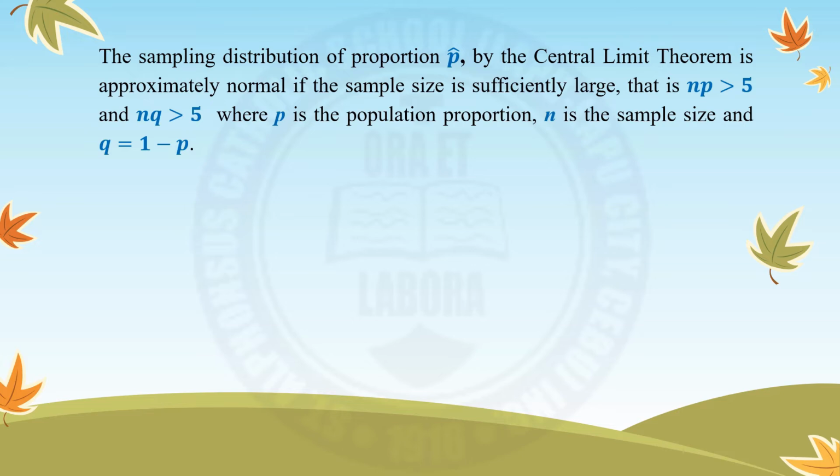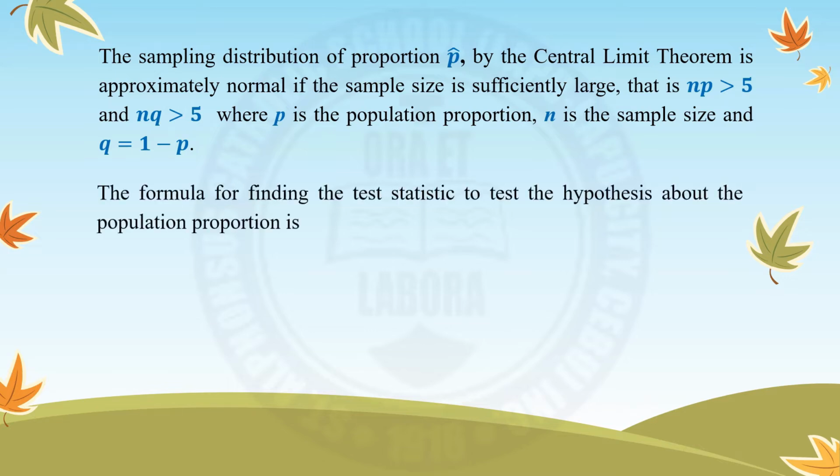The sampling distribution of proportion by the central limit theorem is approximately normal if the sample size is sufficiently large, that is, np is greater than 5 and nq is greater than 5, where p is the population proportion, n is the sample size, and q is equal to 1 minus p.